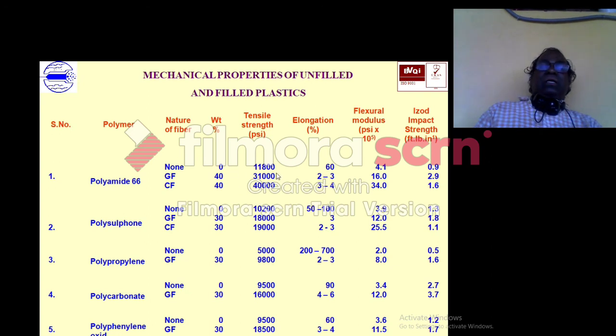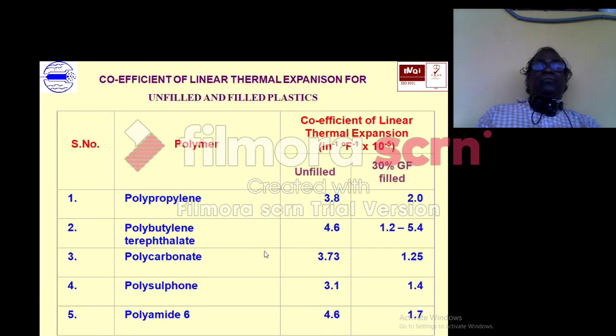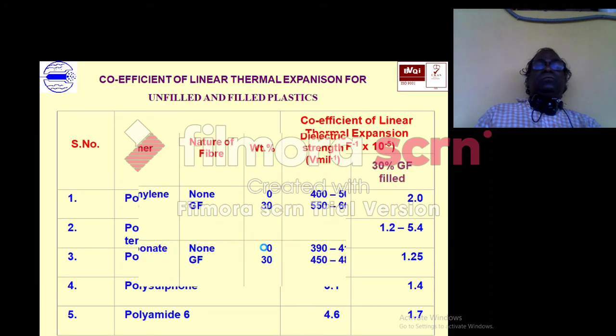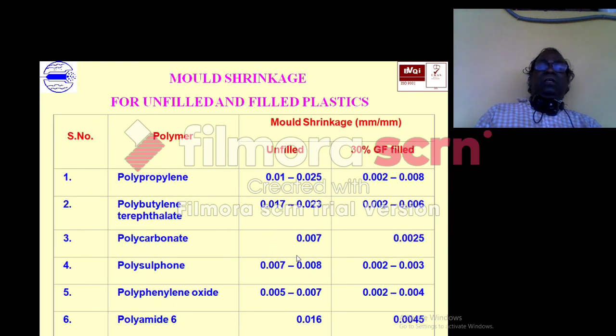So this is a normal mechanical property comparison with polyamide, polysulfone, polypropylene, polycarbonate, polyoxide. So you can see the variation in the filled and unfilled plastics and it differs for different materials. So this is the polymer filled and unfilled shrinkages.